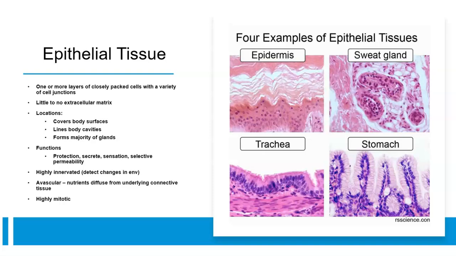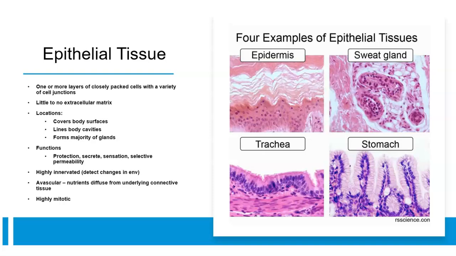The functions of epithelial tissue, well, it really depends on where the tissue is, what type it is, and of course, what its job is. So epithelial tissues, because they provide covers and linings, they provide physical protection, both internal and external surfaces of our body. So they're protected from losing too much water.